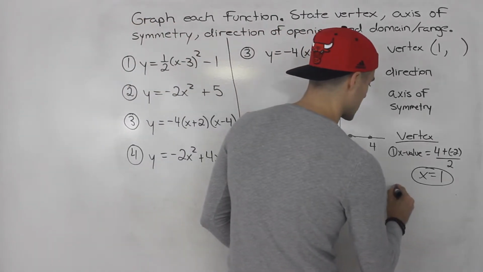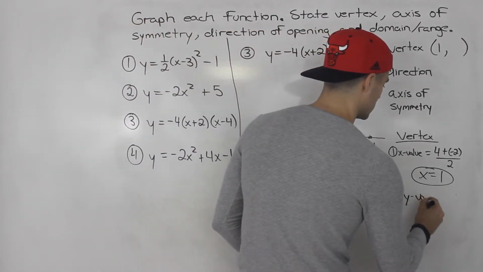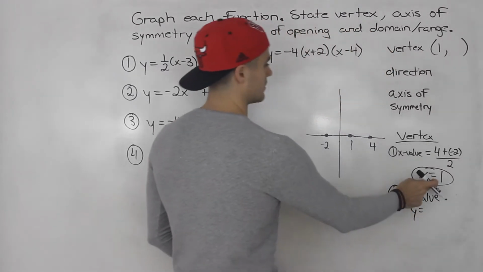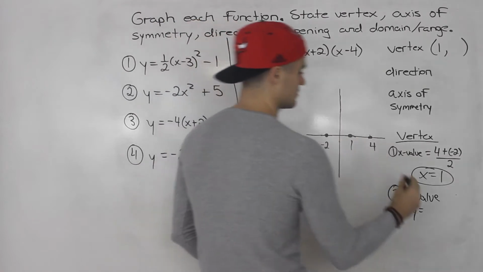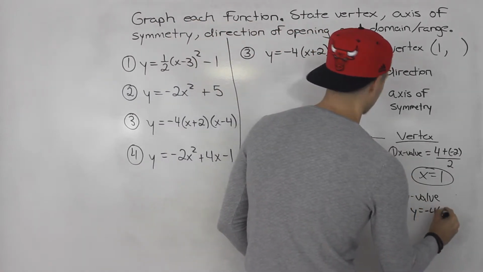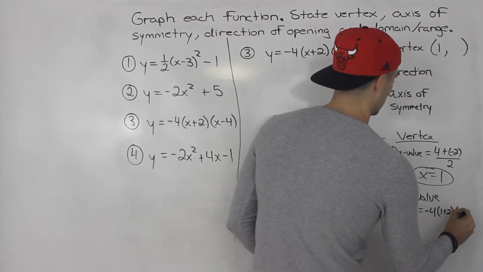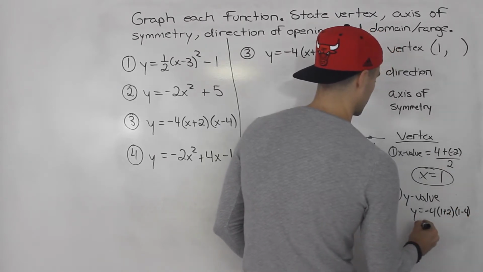And now, for the vertex, we can calculate the y value. How do we do that? Well, we would just plug in an x value of 1 into the actual function. So 1 plus 2, and then 1 minus 4.